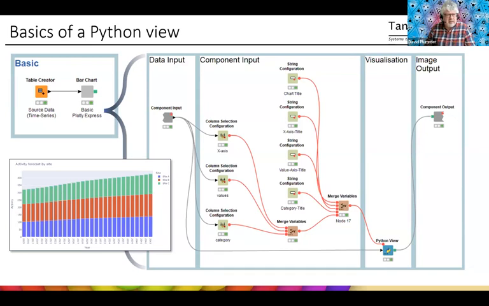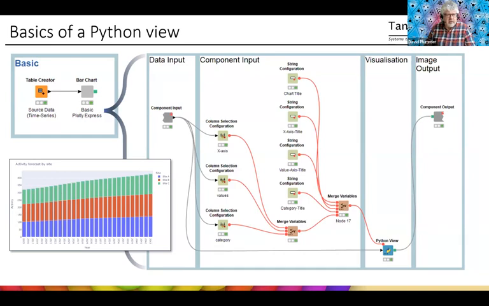The component itself, we've got configuration nodes. So if I right click on the component, it will give me a dialog box, and I can enter things like the chart title, titles for the X and the value axis, categories for titles, and various other settings saying which columns contain the data to make it very configurable.